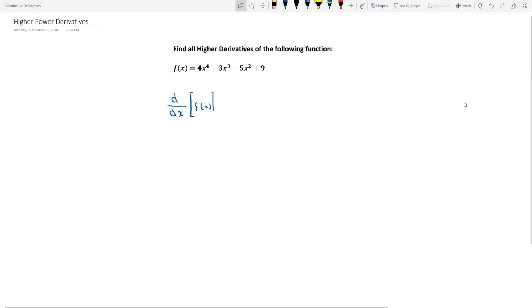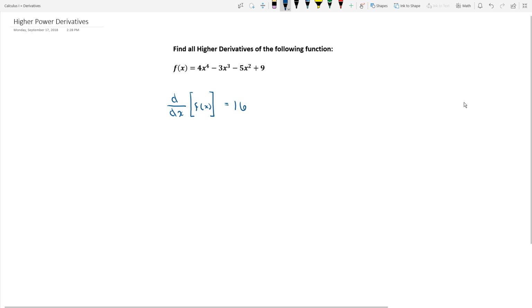And I write f of x because that represents what this function is, this polynomial, rather than having to write it over and over inside those brackets. So we're going to say the derivative d with respect to x of the function f of x is, and from here for a polynomial it should be fairly simple. It's going to be 4 times x to the power of 4.